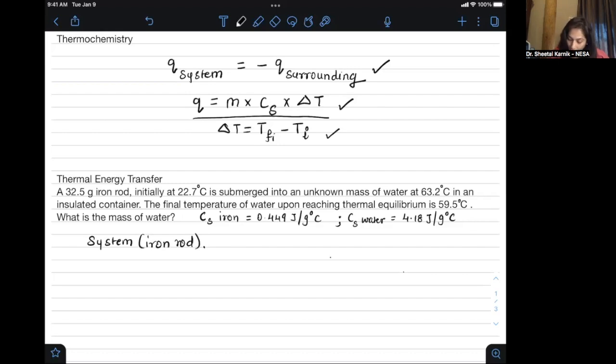They are giving me the mass, which is 32.5 grams. I know the initial temperature here, which is 22.7 degrees Celsius.